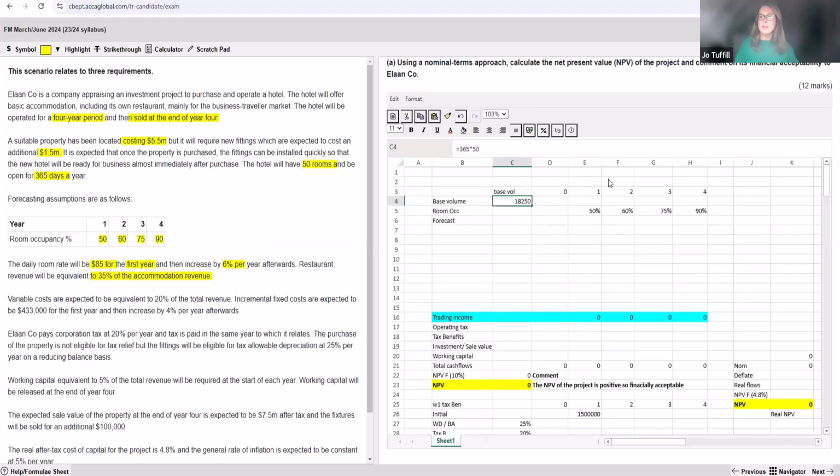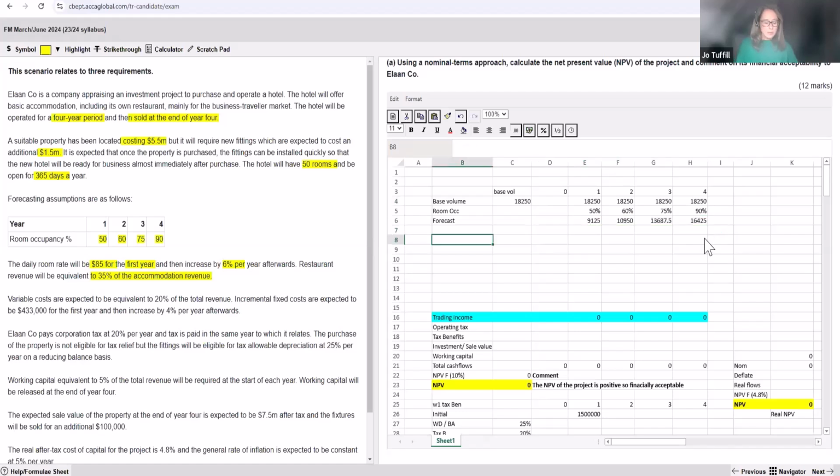We're going to use that in the first year, and it's going to continue from then on, so just copy it across. Easiest way to get it in. We've got a 4-year time horizon. Room occupancy I've put in already, and therefore we're going to forecast our volumes as the occupancy rate times the room availability.